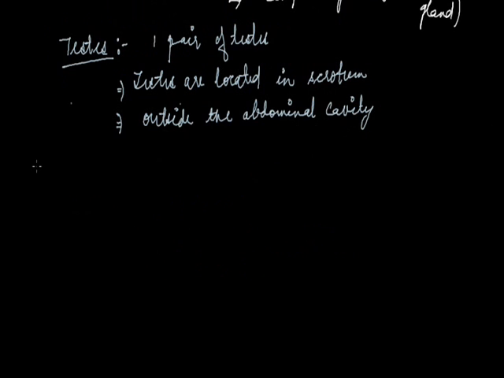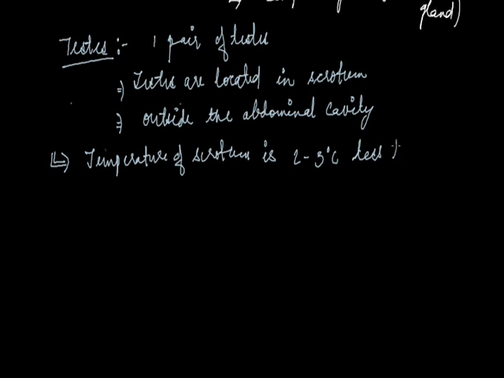Now the question arises, why are these testes placed outside the abdominal cavity? Because the temperature of the scrotum is 2 to 3 degrees Celsius less than the body temperature, and this low temperature favors the production of sperms in the testes.